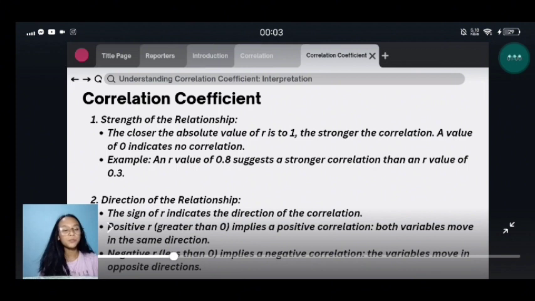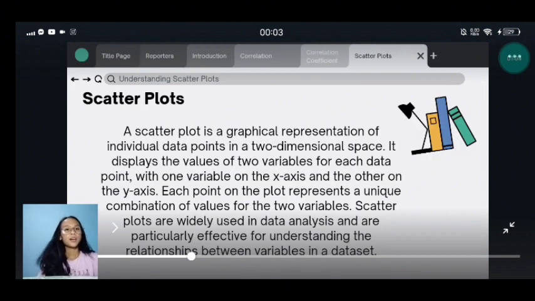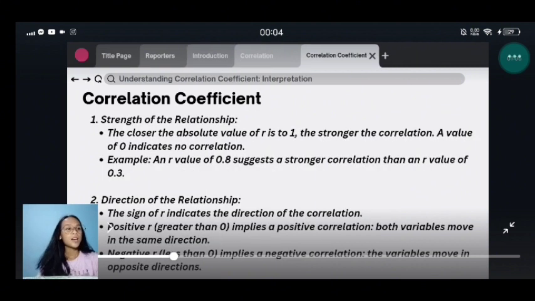The variables move in opposite directions. Okay, so understanding the correlation coefficient helps analysts and researchers like us assess the degree and nature of relationships between variables, providing insights into the pattern and trends within the data.